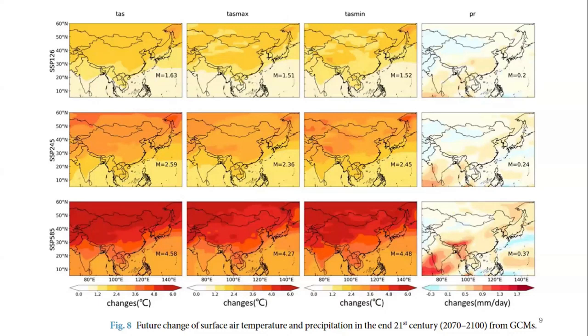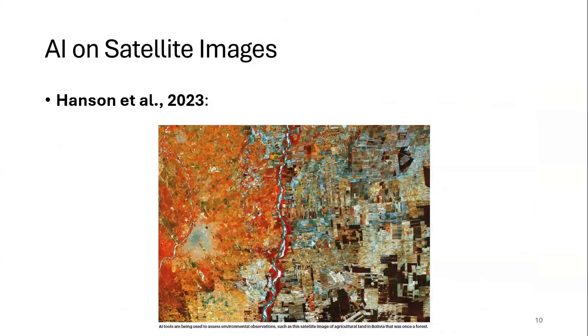That means the 21st century, by 2070 to 2100. So during that time, how will the temperature and rainfall vary? That prediction is done using the available satellite images. That is just an example of some of the applications, and all of Hansen et al.'s work is also based on satellite images.